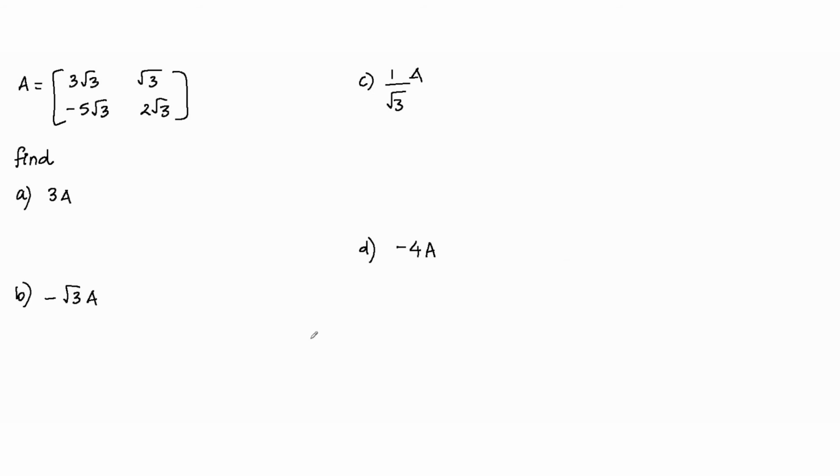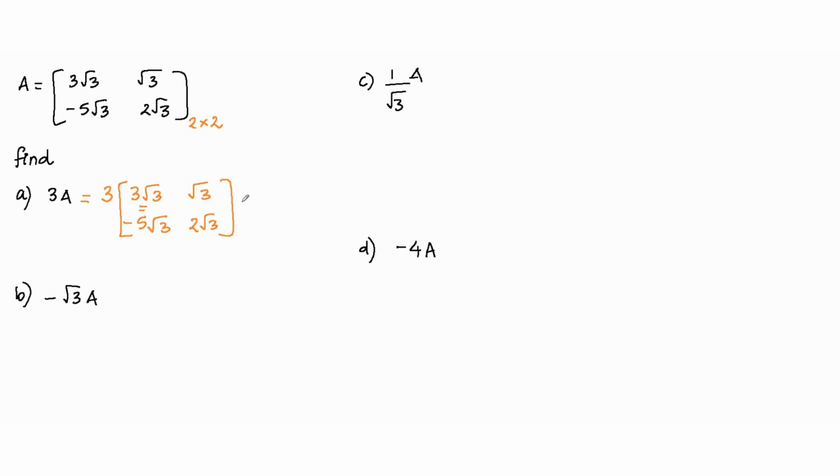So consider the matrix A, which is as shown on the board. We know that the order of this matrix is 2 by 2. If I want to find 3A, 3A basically means 3 multiplied with A. So 3 multiplied by the matrix which is given. And now what is going to happen is I am going to multiply each element of the matrix with the number 3.